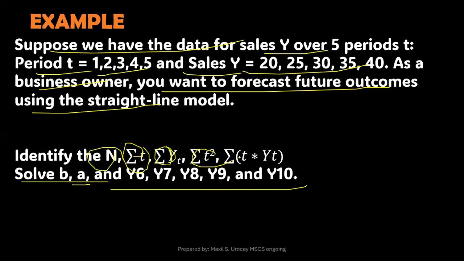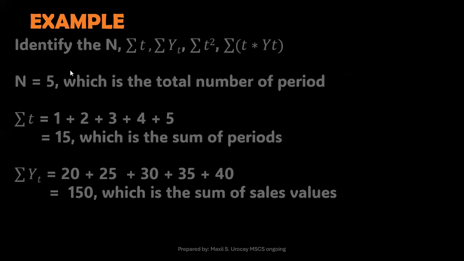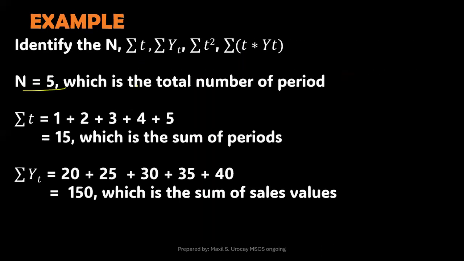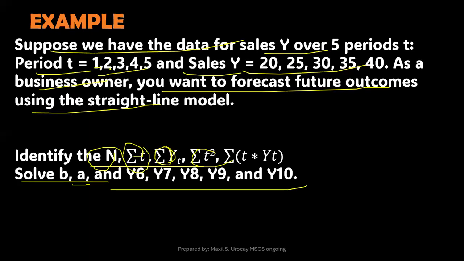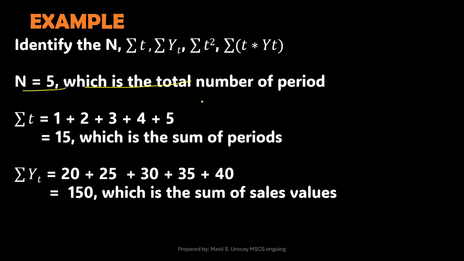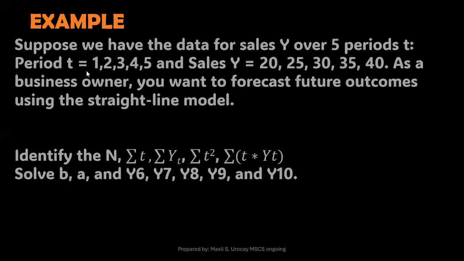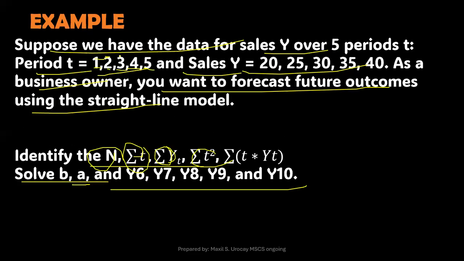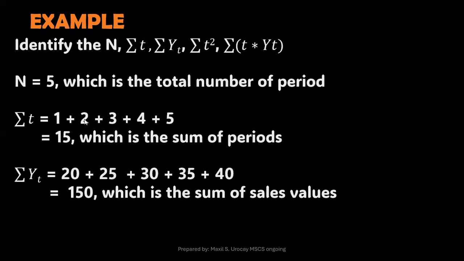Now, identifying them: n is equal to 5, because that is 1, 2, 3, 4, and 5, the total number of periods. Now, what about the summation of t?